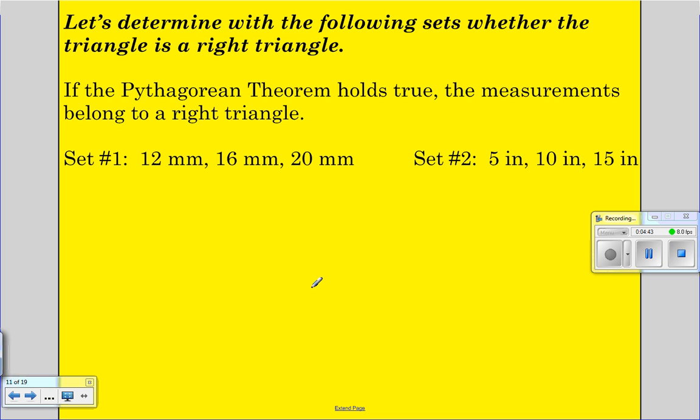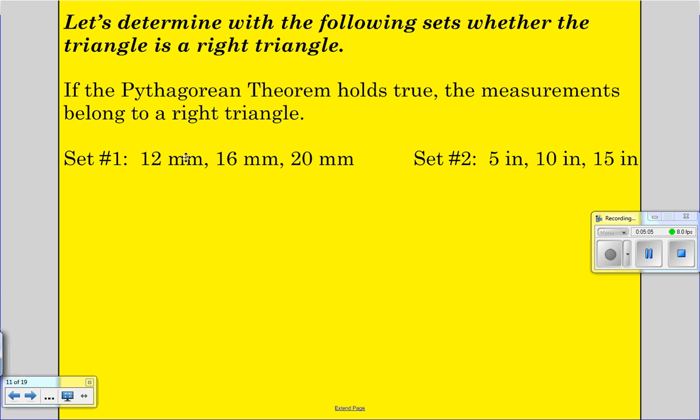So if the Pythagorean theorem holds true, then these measurements, short, middle, long, A, B, C, will give us A squared plus B squared equal to C squared. So looking at your item here, and you can use a calculator to figure this out.